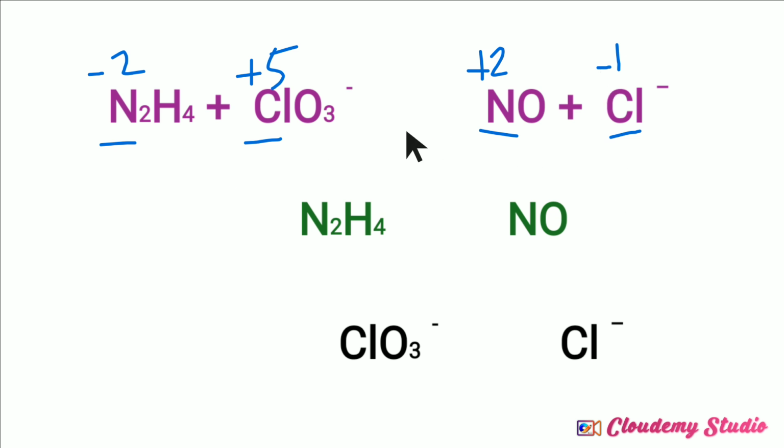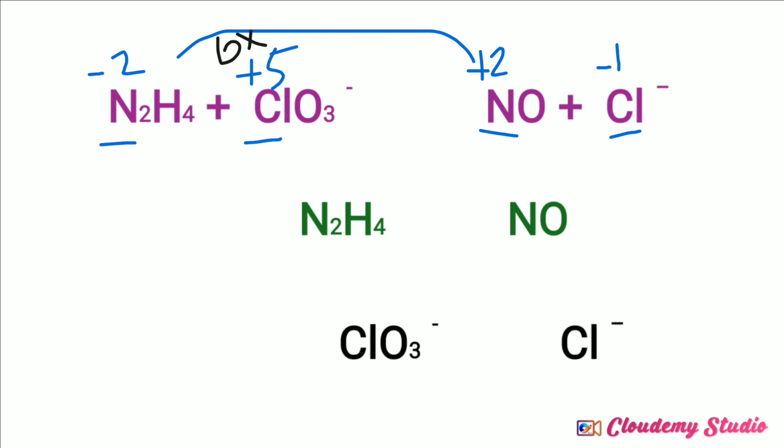So when we check the changes in the oxidation number, we can easily identify two kinds of changes taking place. One is hydrazine becoming nitric oxide. Here there is an increase in oxidation number. Therefore, this half reaction is the oxidation half reaction.